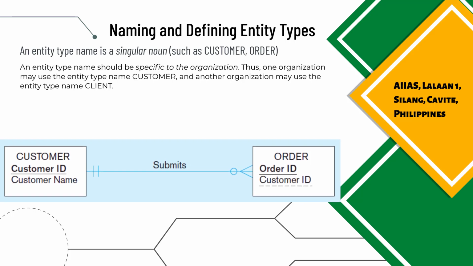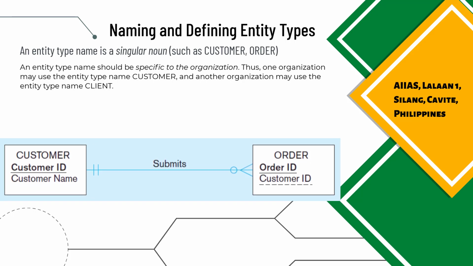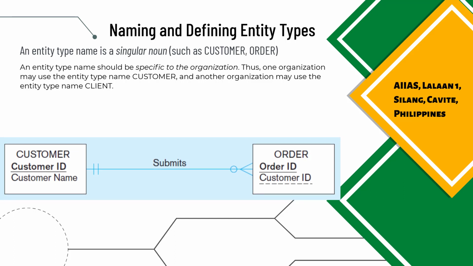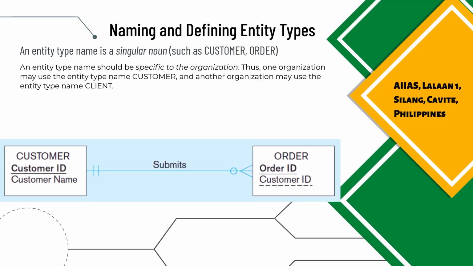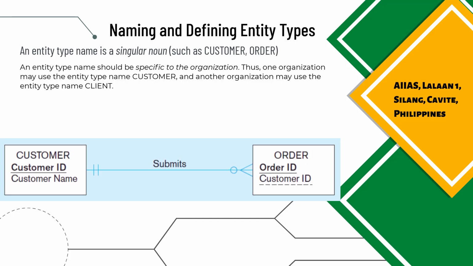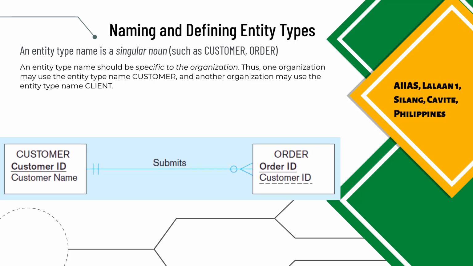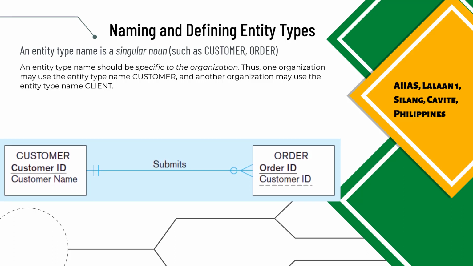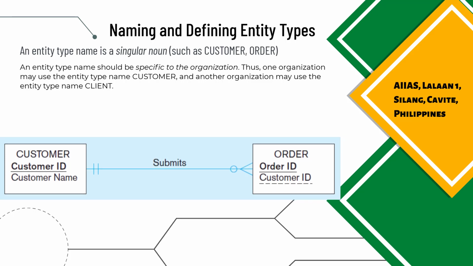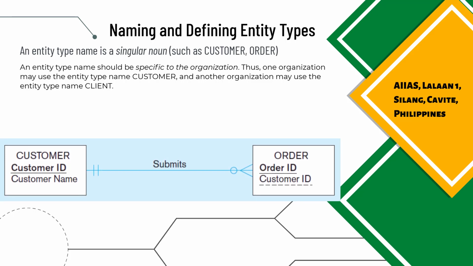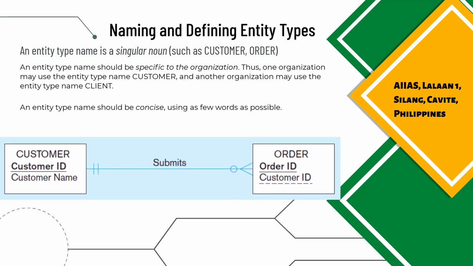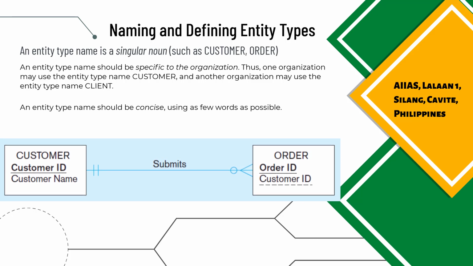Next, an entity type name should be specific to the organization. Thus, one organization may use the entity type name customer, and another organization may use the entity type name client. Keep that in mind as well. And next, an entity type name should be concise, using as few words as possible.